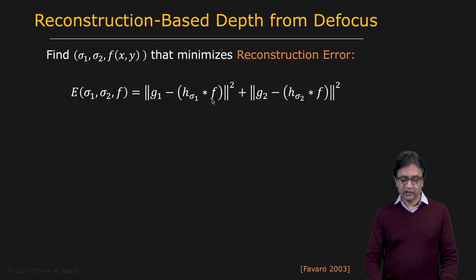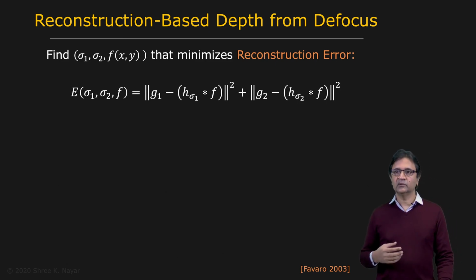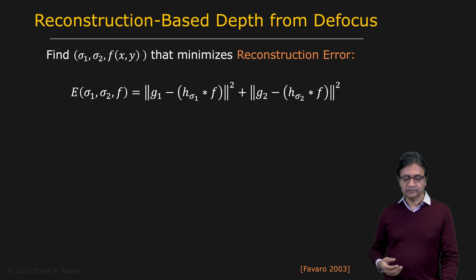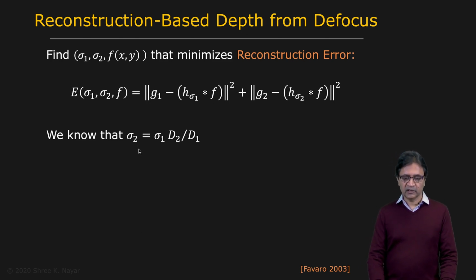You take those two errors, you square them, add them up, and that's what we're going to define as a reconstruction error E. And now what we want to do is find sigma 1, sigma 2, and f that minimize this error. Now remember, we have one additional constraint, which is sigma 2 by sigma 1 is equal to d2 by d1.